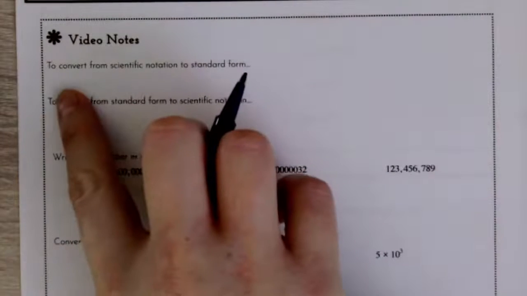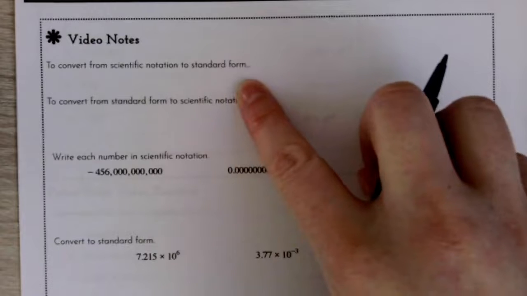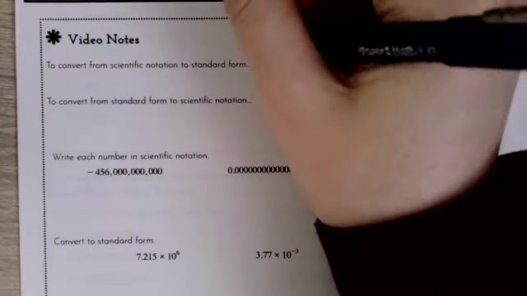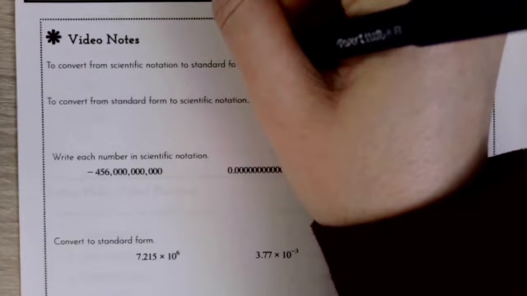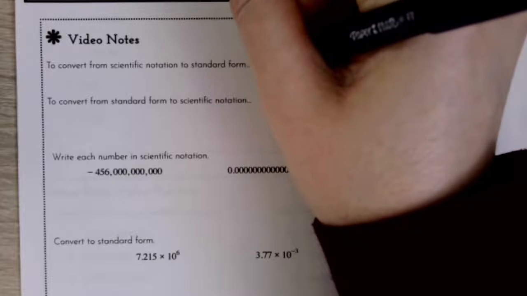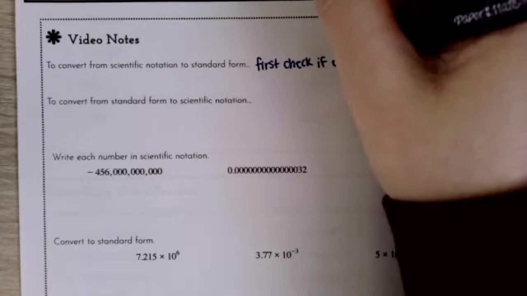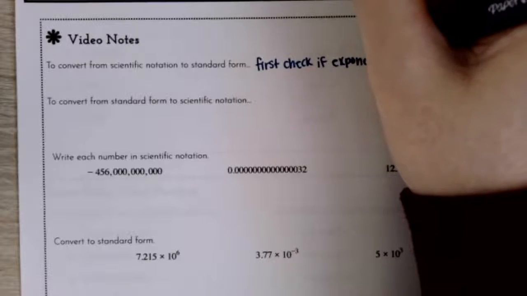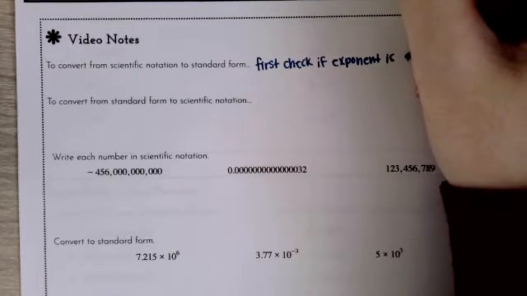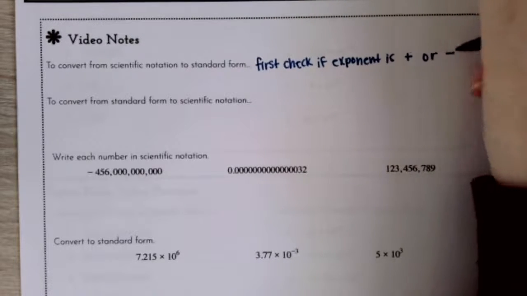To convert from scientific notation to standard form, you want to first check if your exponent is positive or negative.